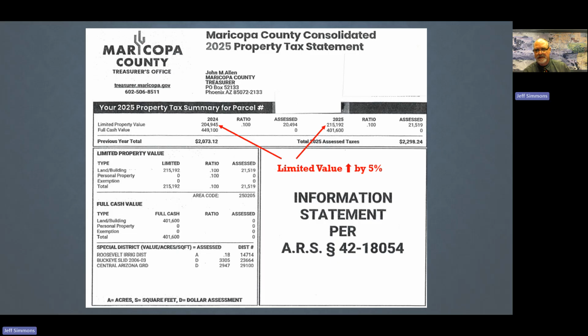So these property values, we do not have any control over that as a school district. Those are set by the county assessor's office, and those are passed on to us as far as what the assessed value is. But the taxes are calculated differently based on formulas and voter initiatives.